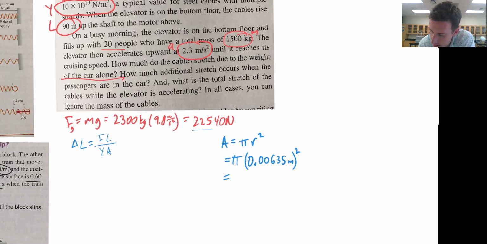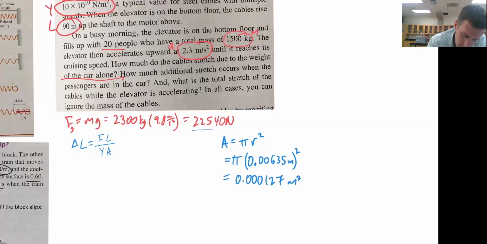Times pi, which gives 0.000127 meters squared, but that's one cable, and it says it's held up by 6 of them.